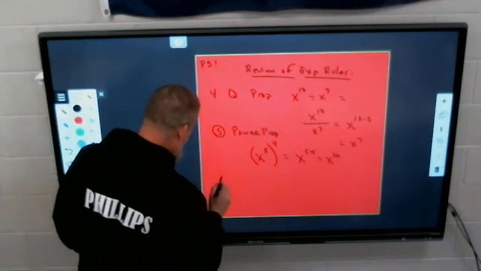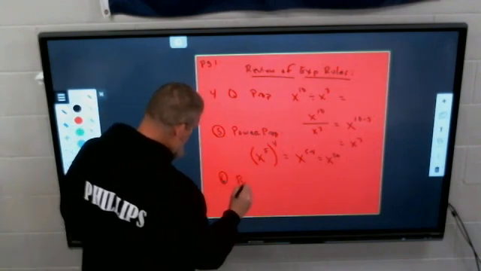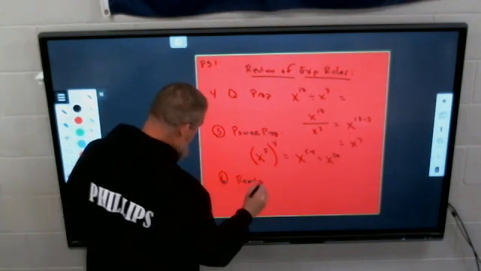Number 6, the last one. This really isn't a rule, it's more of a reminder. This is more of a definition than anything.